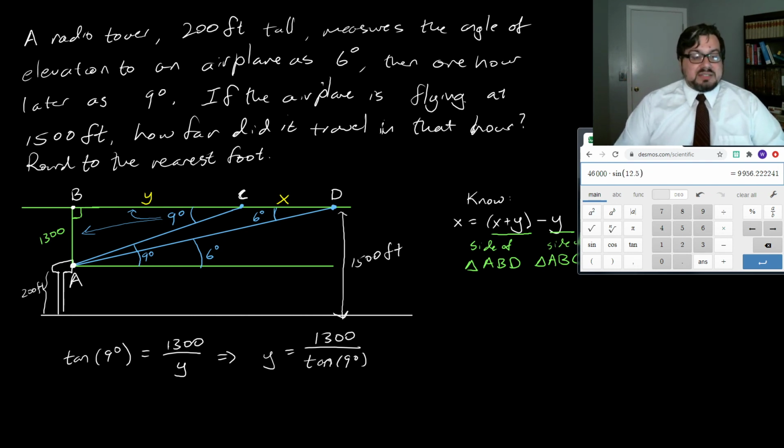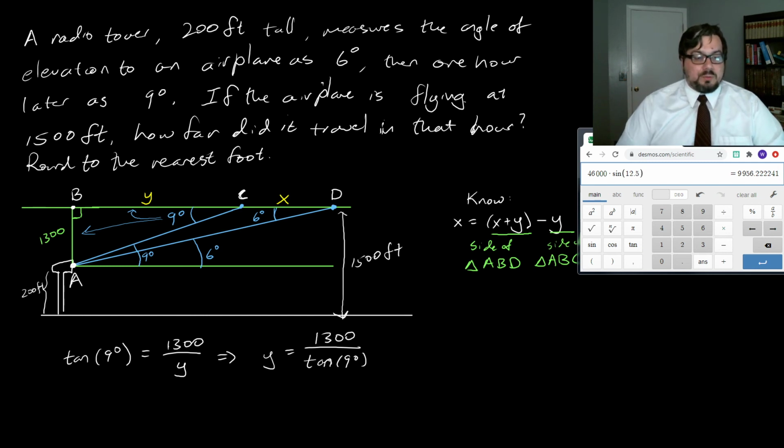Well, now let's do the same thing with the triangle ABD. So the triangle ABD has the length that we're interested in, x plus y, which is the length from B to D. And that's the adjacent side to the 6-degree angle in the triangle ABD. And we know the opposite side to it, the 1300.